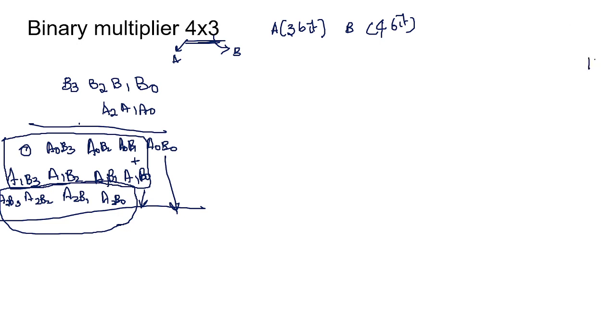Let's try to draw the circuit. For A0, we will have an AND gate, and then we have to generate all the AND terms with A0.